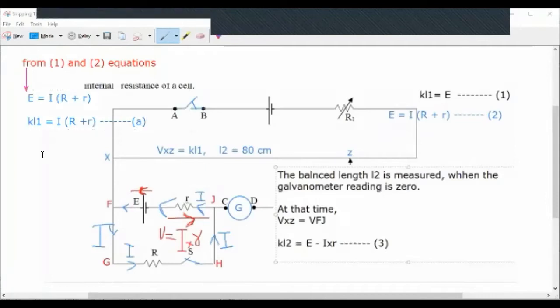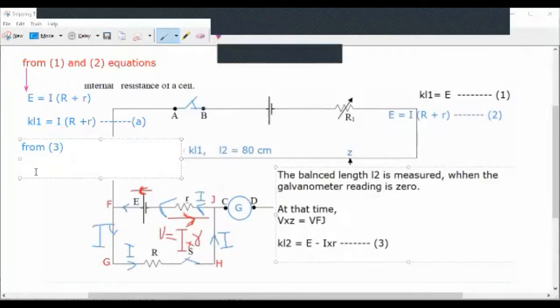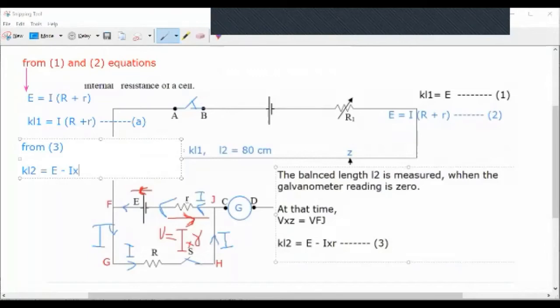Similarly, I'm going to use the third equation. The third equation tells us KL2 equals capital E minus I times simple r.